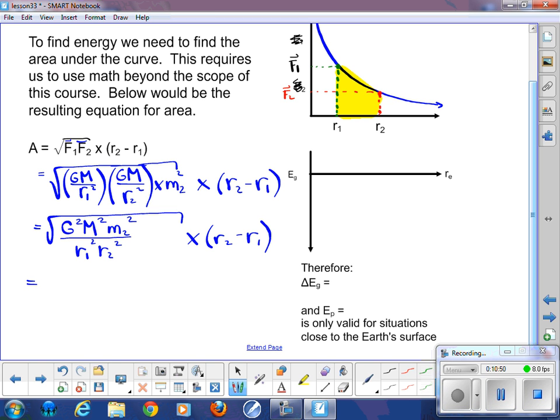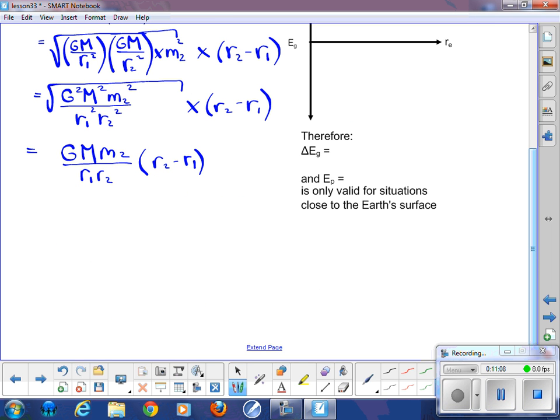Cleaning that up, everything's squared in there. It's all multiplication, so the square root simply becomes GM m2 over r1 r2. That's multiplied by the r2 minus r1. If I distribute that term in to get rid of the brackets, we end up with, in the first one, GM m2, the r2s would cancel, so it'd be over r1, minus GM m2.